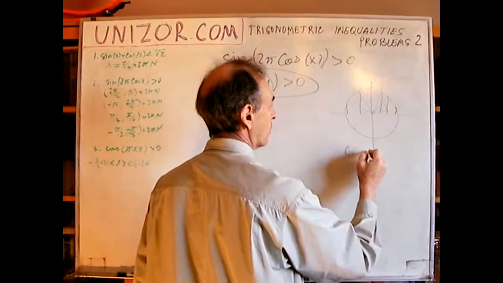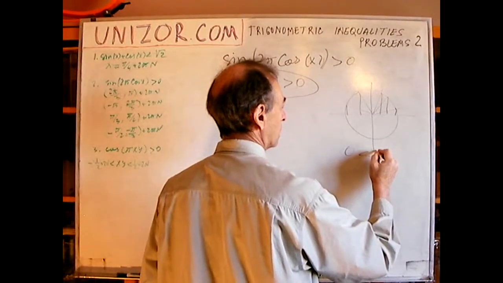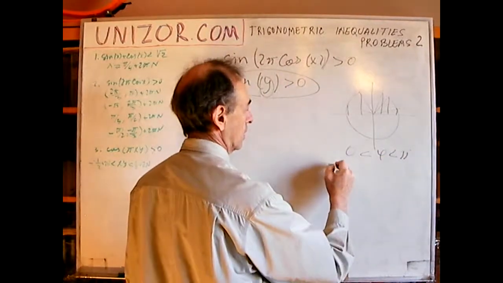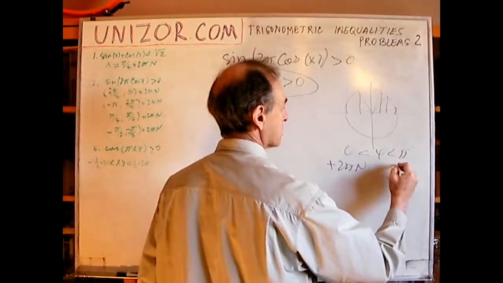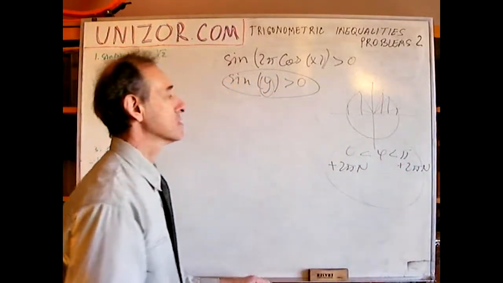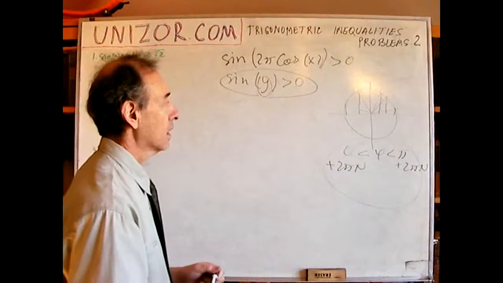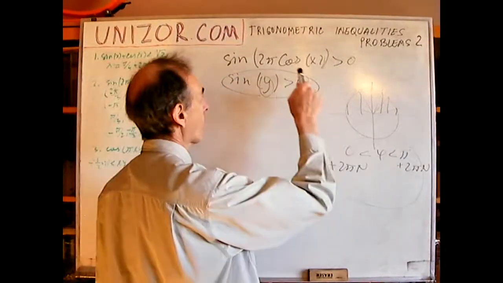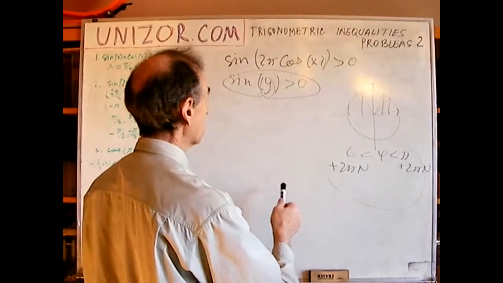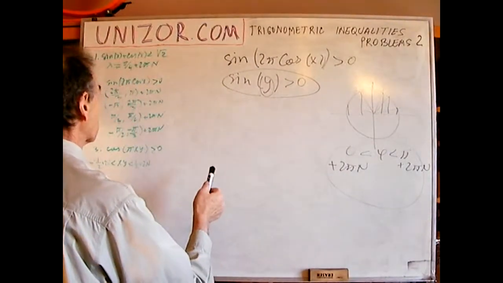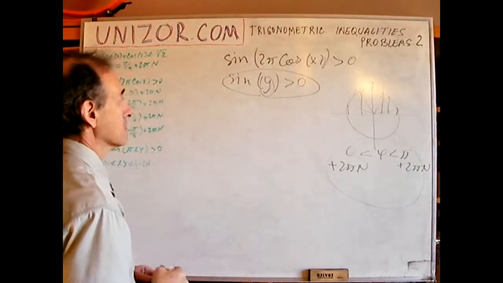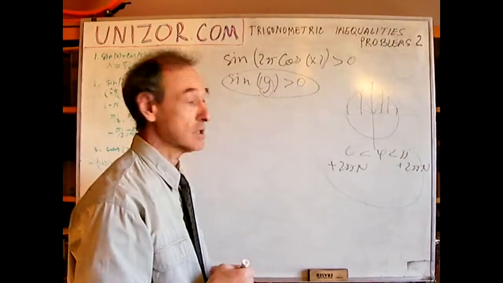So it's from 0 to pi, plus 2 pi n on both sides. So these are conditions for the angle sufficient for its sine to be positive. So this is exactly the condition which we would like to impose on whatever we have under the sine, whatever the argument to a sine is.